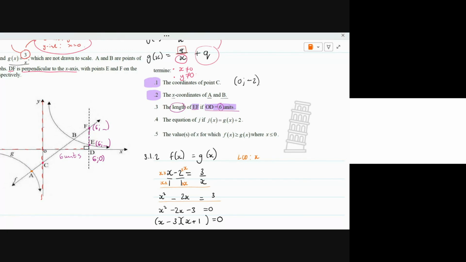Okay. So now the important thing here is if we're working with y values, then we know that my y value for the straight line is f of x, and my y value for the hyperbola is g of x. Is everybody okay with that idea?